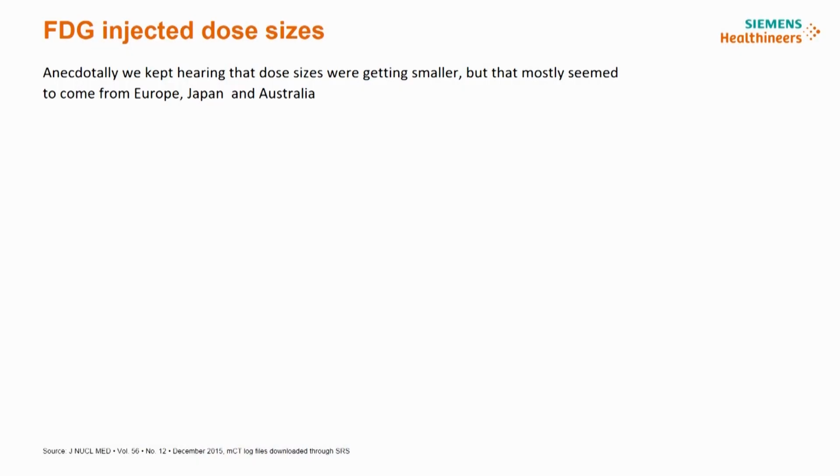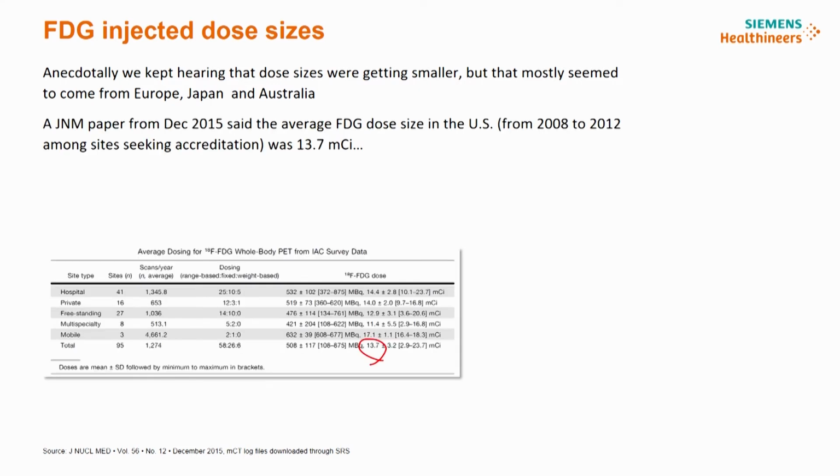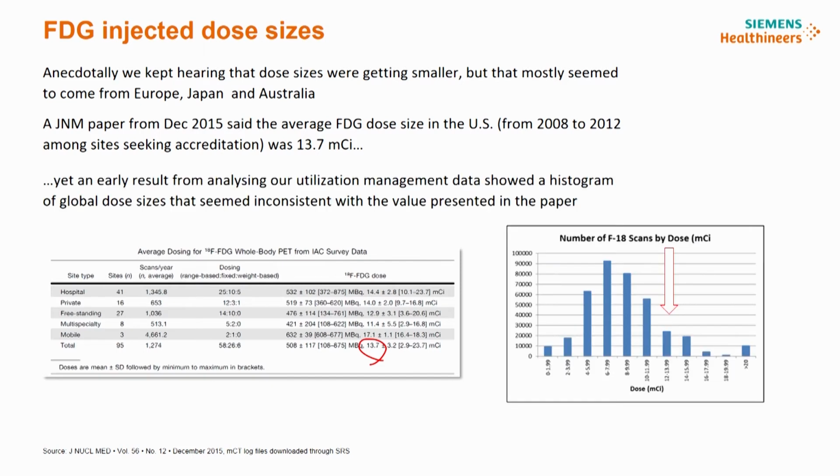Anecdotally, I guess we're hearing information that doses are getting smaller, or injected activity is getting smaller, but that's typically coming from Europe, Japan and Australia. But a JNM article in 2015 was showing activity injections in the US somewhere around about 13.7 millicurie.